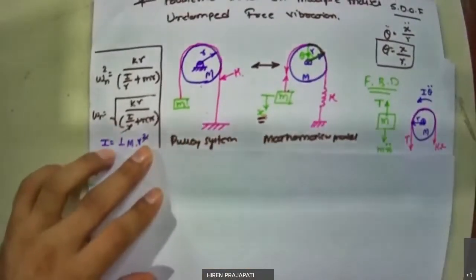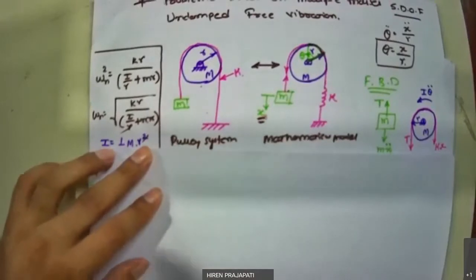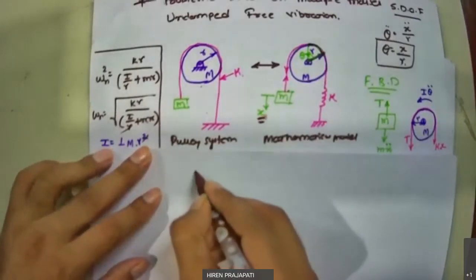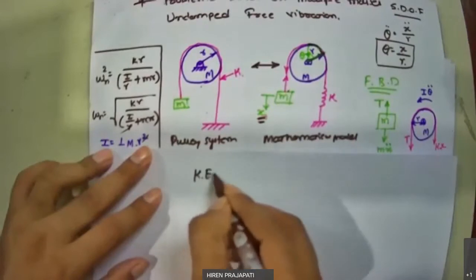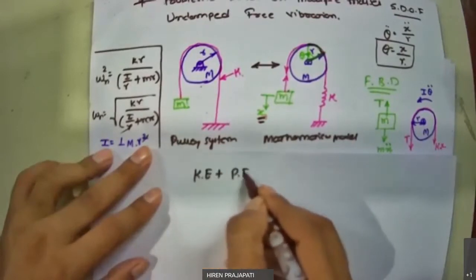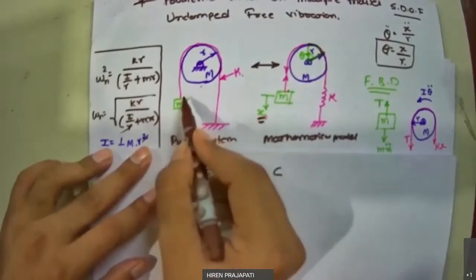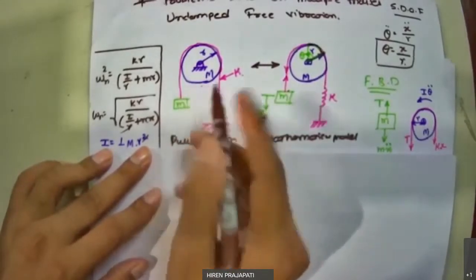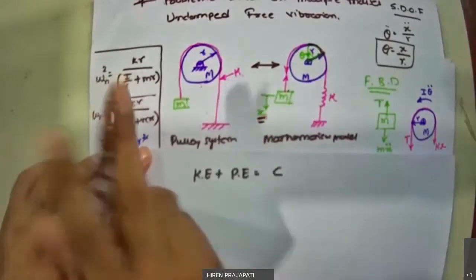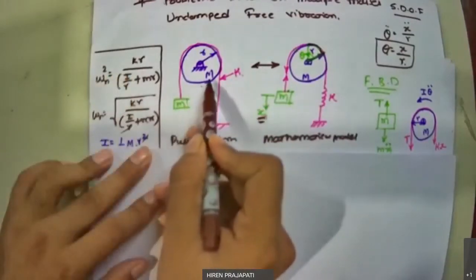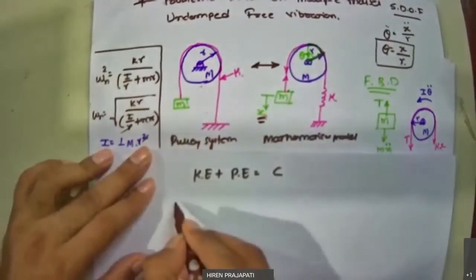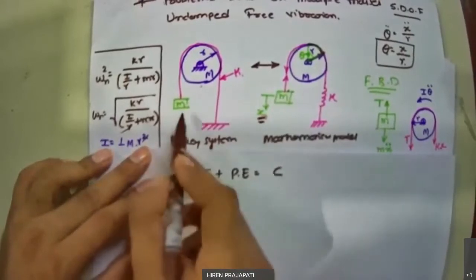Now, as per the energy approach, let us write kinetic energy plus potential energy is equal to constant, right? Now, how much is the kinetic energy? As we are having two masses, two kinetic energies are there, one for the linear mass and second for this rotating mass. So let me write the kinetic energy equation first of all for the linear mass.